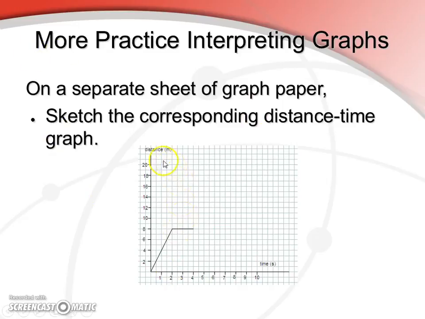Always define your axes: distance in meters versus time in seconds. And as the car is moving forward, this segment looks exactly like our displacement time graph. And similarly, the car being at rest gives us zero slope, zero change in distance across that 2-second segment.